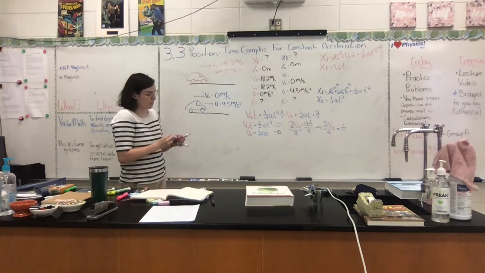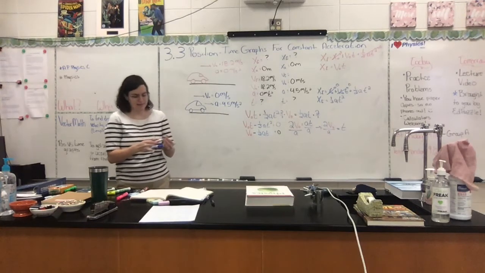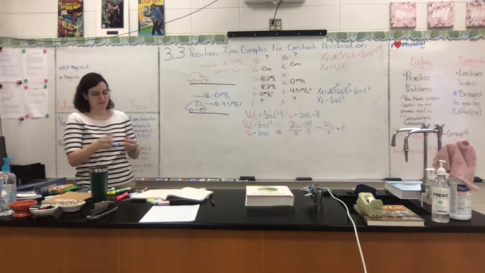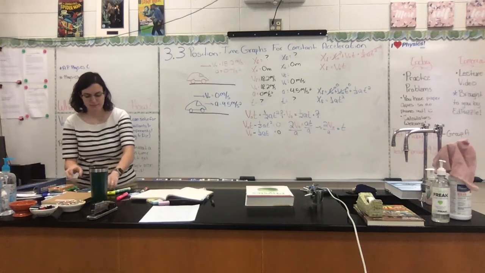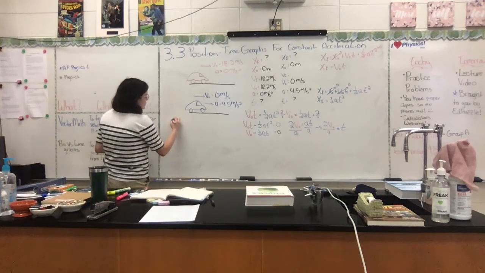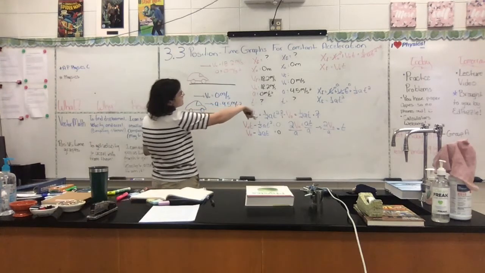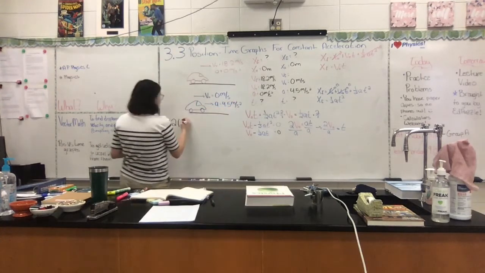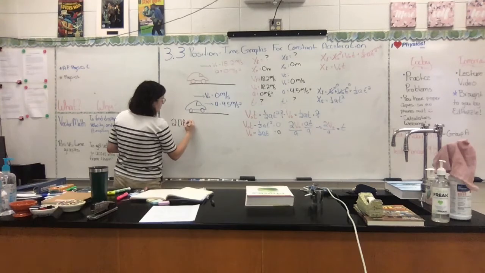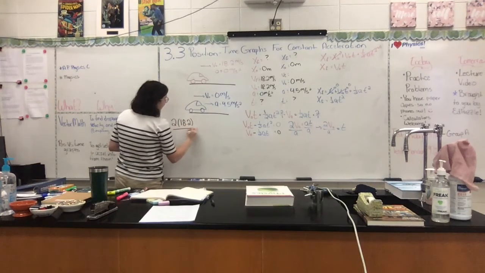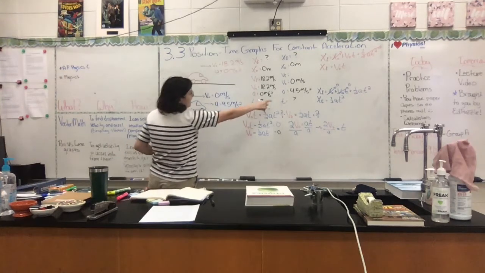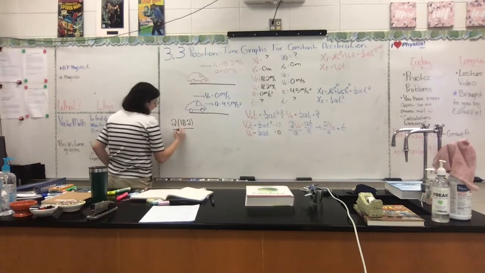Now, when we plug all of that in, we're going to get 2 times that v naught, which is pink, right? So times 18.2 divided by A, and that A is our blue A, so 4.5.